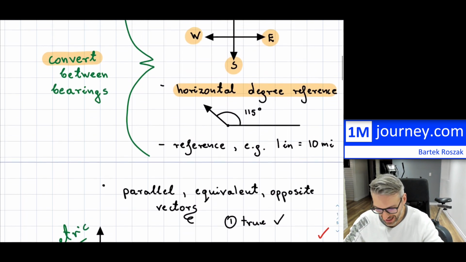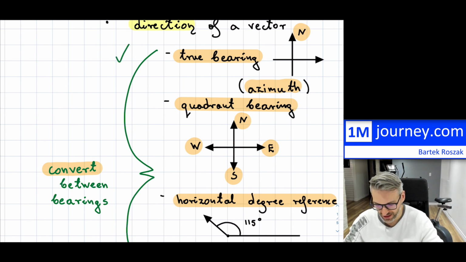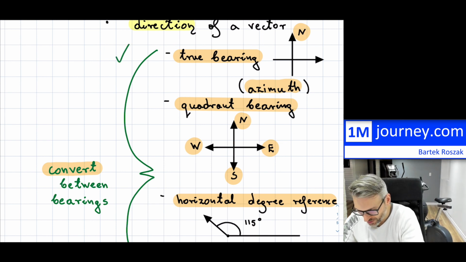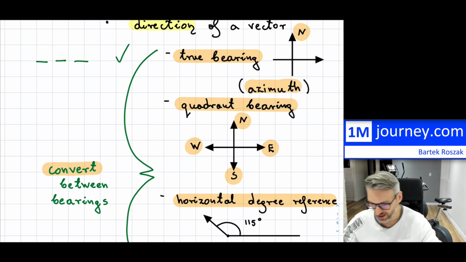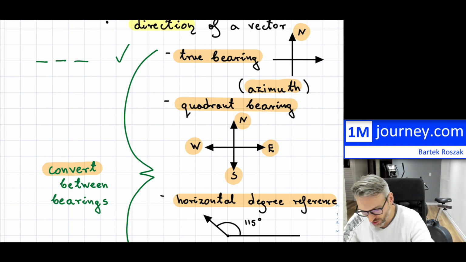So that's what we have in here. That's the true bearing, with respect to north. Again, please remember you utilize 3 digits, and you can specify it as a true bearing if it is unknown.